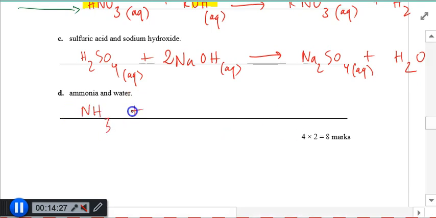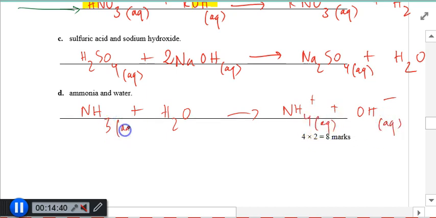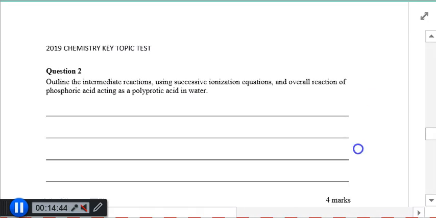Ammonia and water. So that's NH4+ plus OH-. Ammonia strips water of one of its protons, acting as a base. It's only a weak base though.